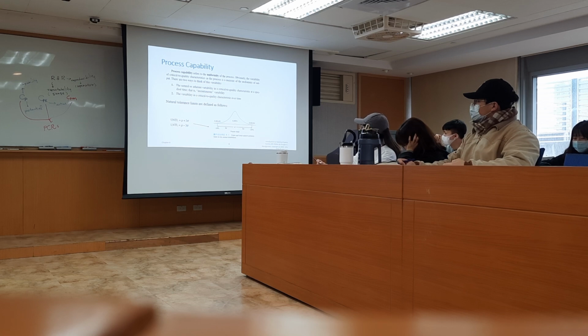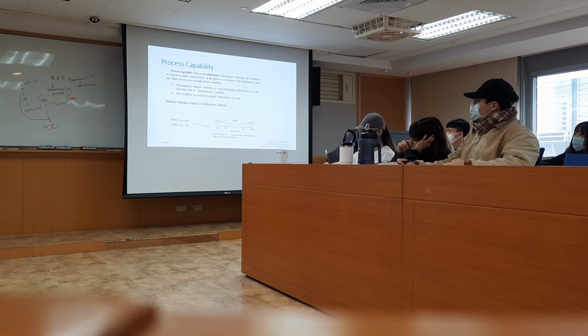Like today is January 4th, in the morning at 9:30. We take a snapshot, like taking a picture with a camera, look at the process, collect the data and draw the histogram like that.